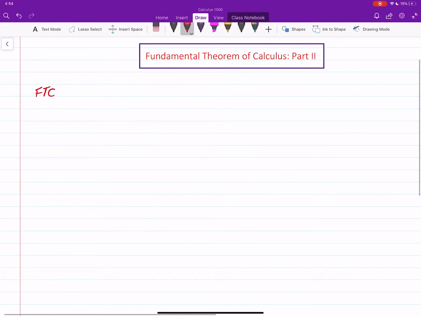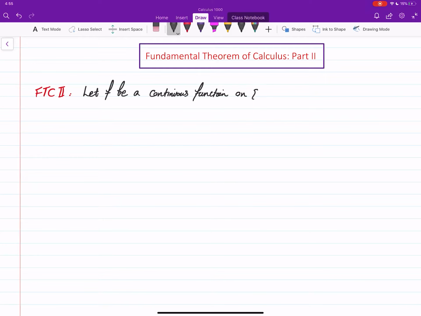Fundamental theorem of calculus part 2, this is how I will write it. It assumes that we have a continuous integrand, so let f be a continuous function on the interval [a, b].